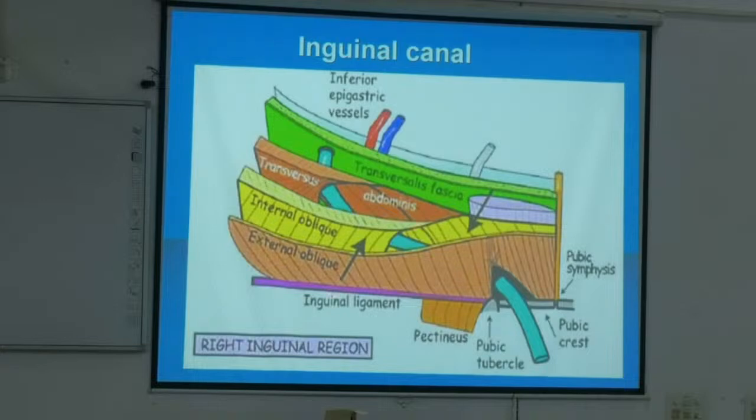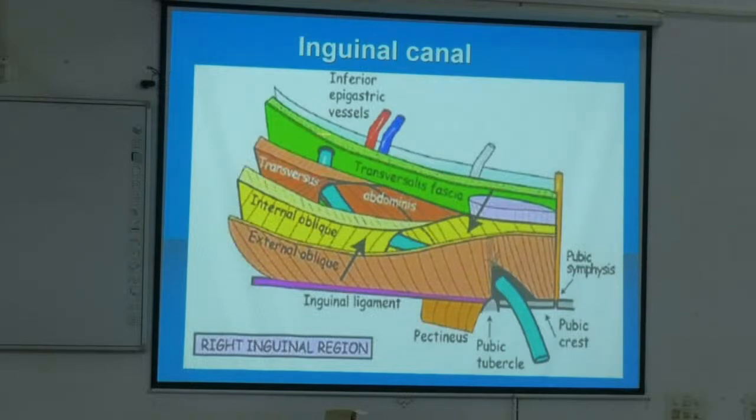See, this is one schematic diagram. Inguinal ligament, external oblique, internal oblique, transversus abdominis, fascia transversalis, and the peritoneum. So, through the canal, if the herniation occurs through the deep inguinal ring, see, this deep inguinal ring is lying just lateral to the inferior epigastric vessels. These are the inferior epigastric vessels.